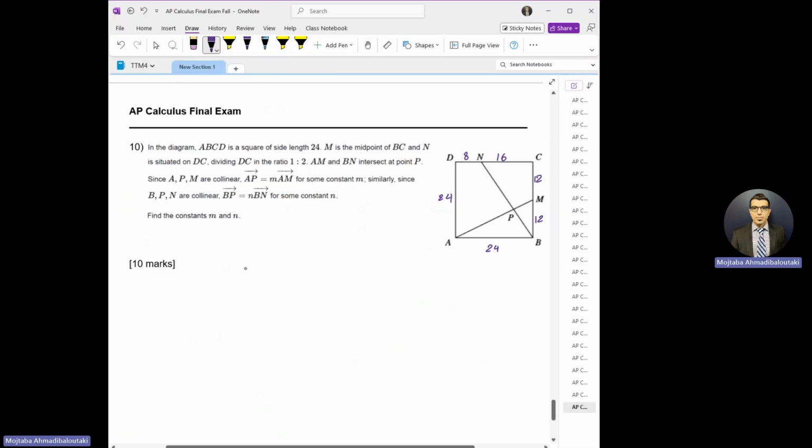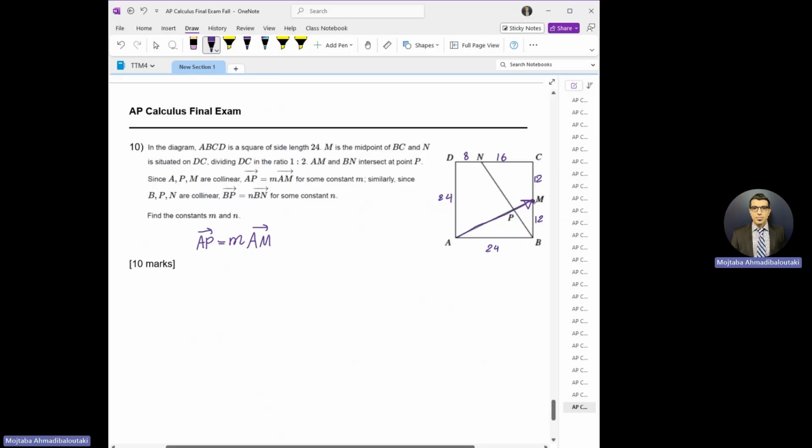If we start with the vector format, with what we had, so we had AP. We have vector AP equals m times vector AM, right? Vector AP, we don't have a lot of information about, but vector AM, we do. And we have the coordinates.